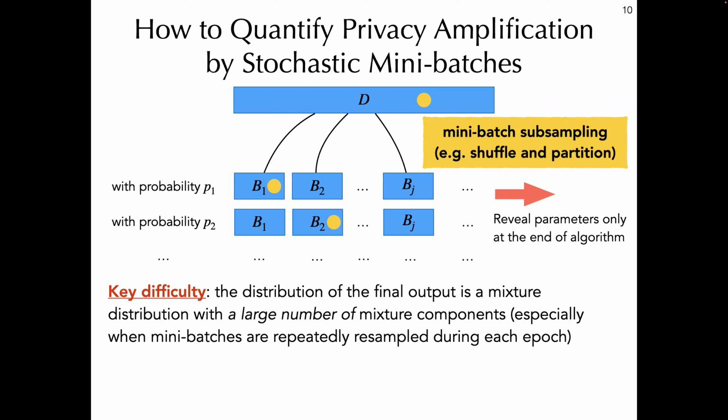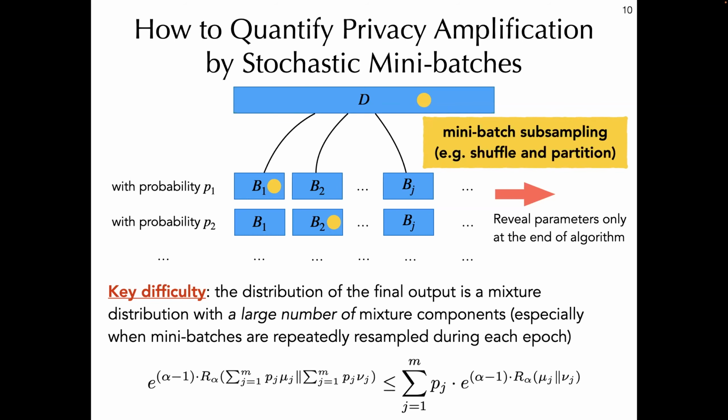And to deal with this difficulty, we apply the joint convexity result of the scaled exponentiation of Rényi divergence and use it to decompose the mixture distribution layer by layer and recursively bound the privacy loss between the mixture distributions.